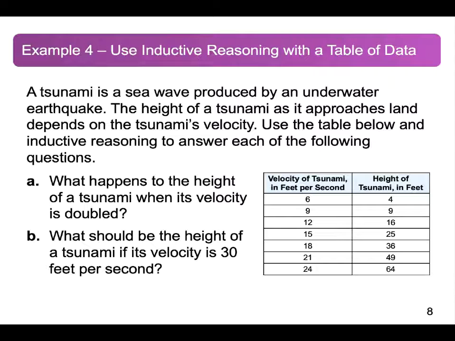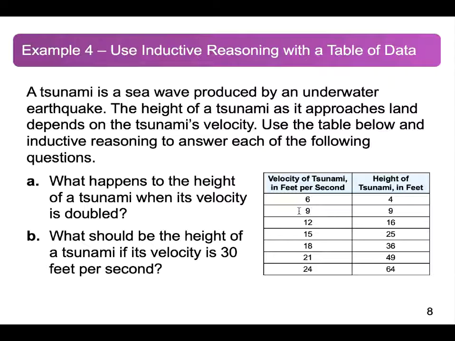If we take a look at some examples where we have the doubling of the velocity, we have 6 and 12. When the velocity is 6, we have a height of 4. When we double that, we get 12, and we see a height of 16. Right now, I don't know if that is increasing by 12 feet or if that's increasing by 4 times as tall. So let me see if I can find some additional values.